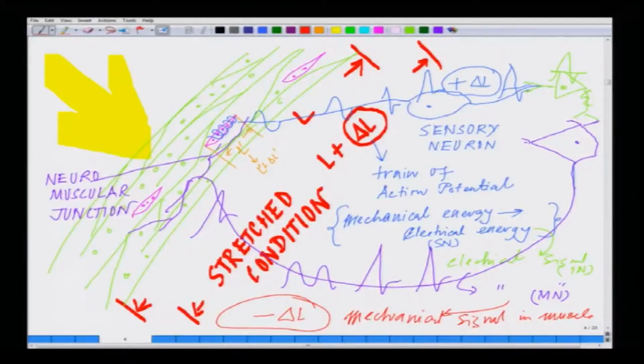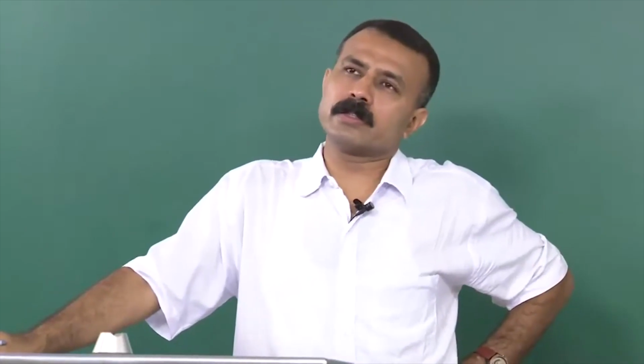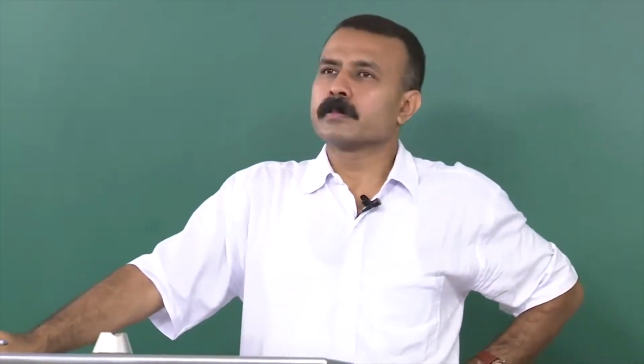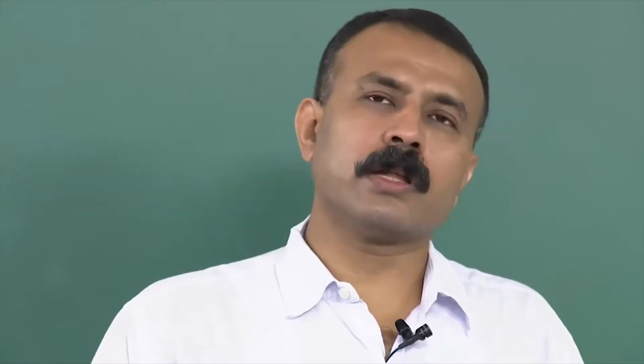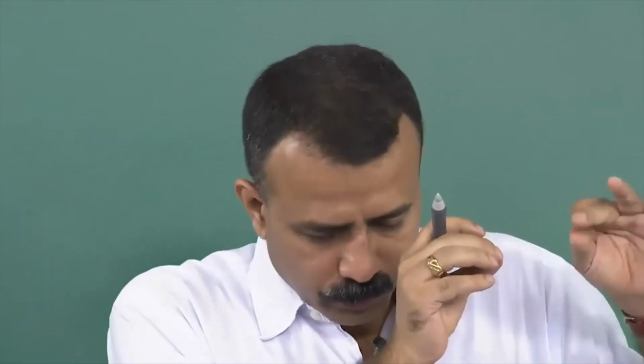So, the first set of electrical stimulus from the muscle, after the stretch and after the increase in length by delta L, is conveyed to the spinal cord motor neuron via interneurons. Now, the motor neuron computes the signal and sends back a message in the form of an electrical impulse to the muscle, telling the muscle that the change in length it had a few infinitesimal time before should be retracted back.